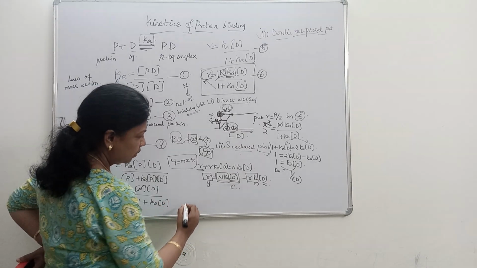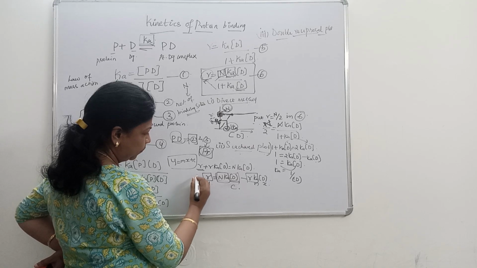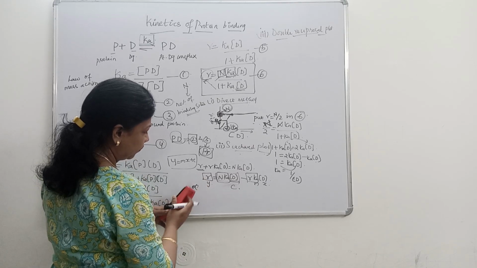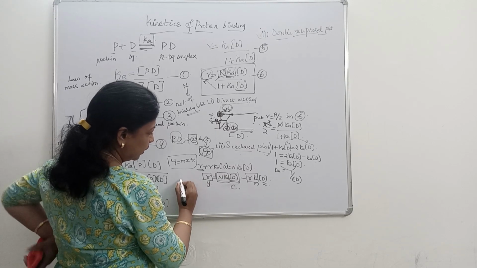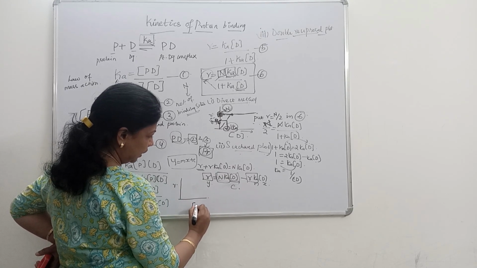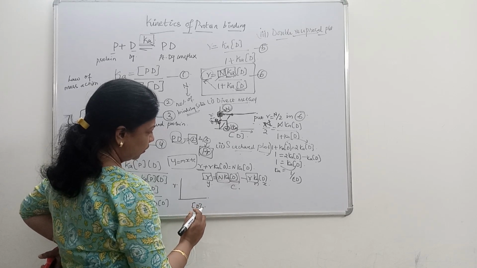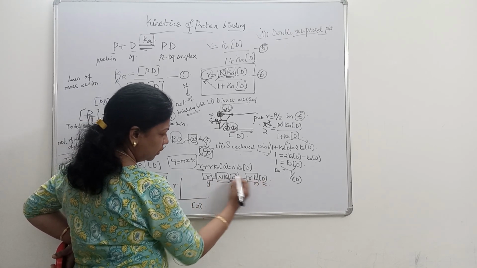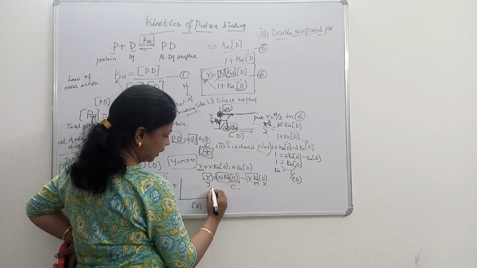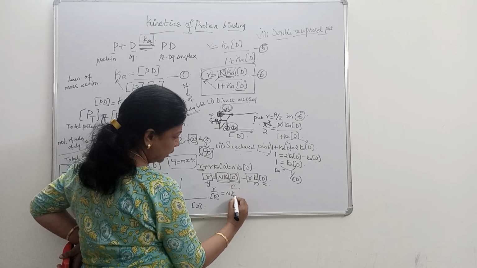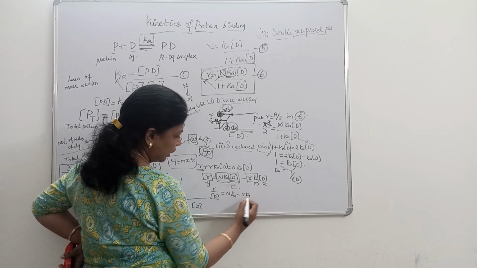Now you can plot the graph of r and D. So D also can be taken common. So D can be taken this side. So r upon D is equal to N Ka minus r Ka.